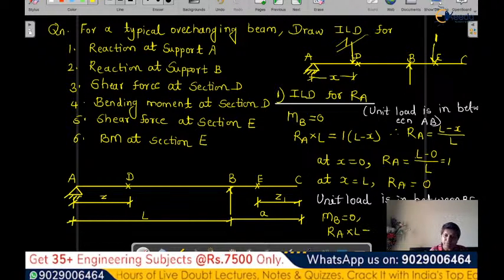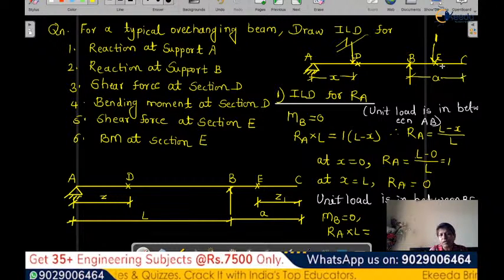This distance is A, and the distance between the unit load and point C is X. So our equation will be RA into L is equal to minus (A minus X) by L. It is negative because both moments are in the same direction, both clockwise.